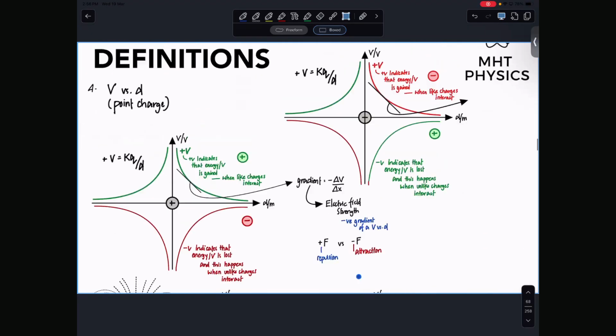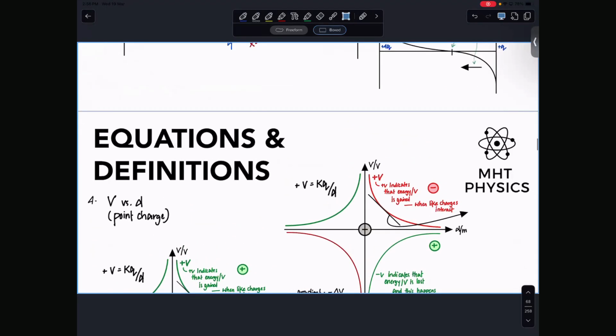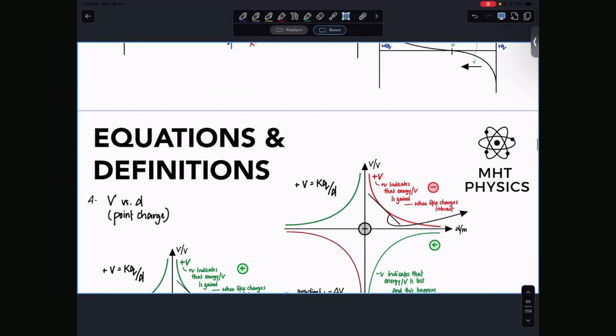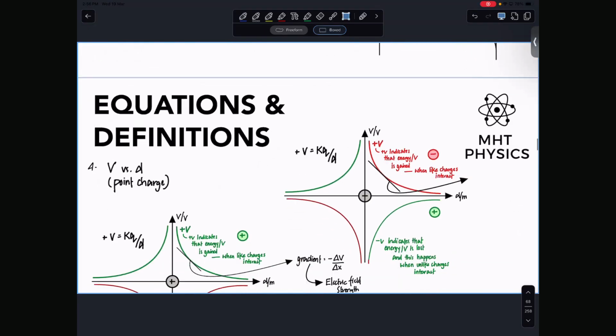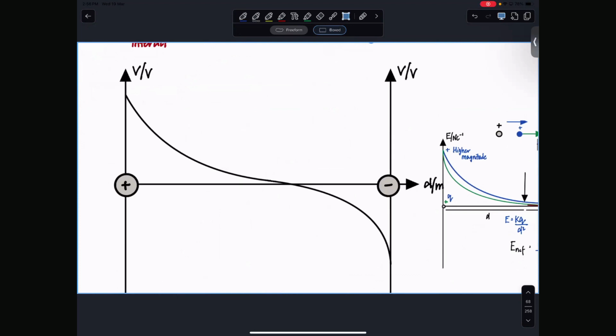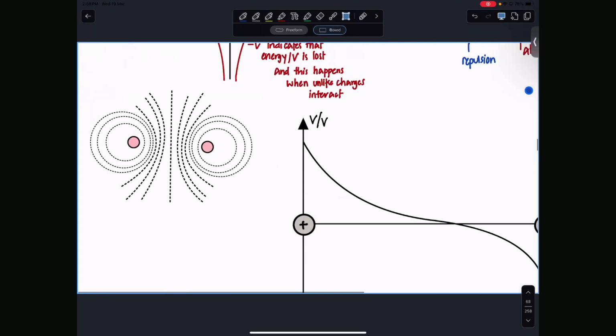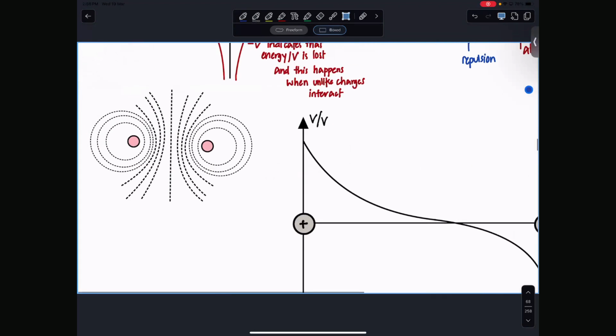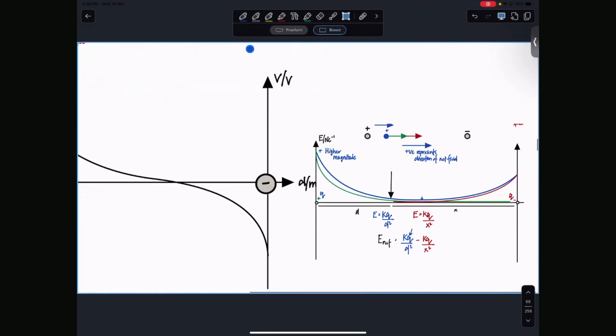I don't want to emphasize on that. In this diagram, it's continuously losing. But it's a negative value.